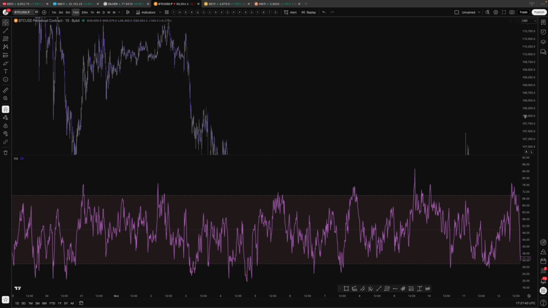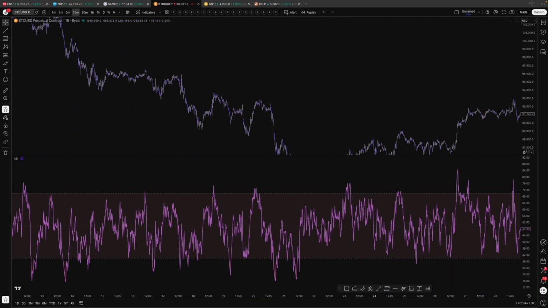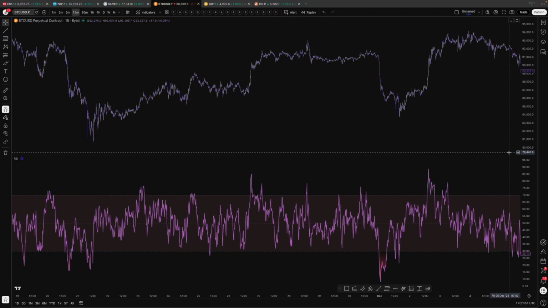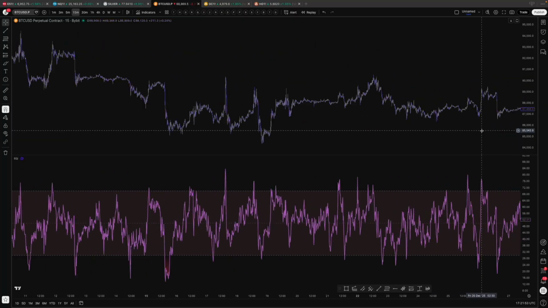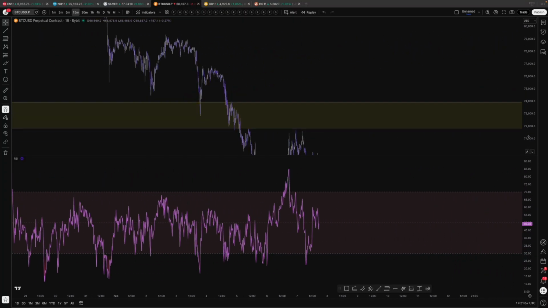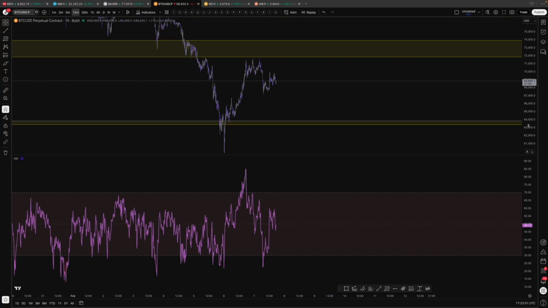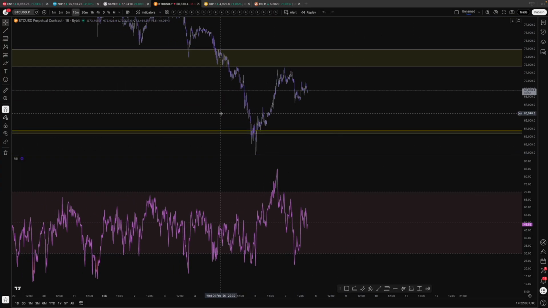Let's get a little bit closer to the crazy price action that we've been having for the last few days. So these two zones here are just support and resistance zones that I have. These are very old zones based on the 4-hour chart.